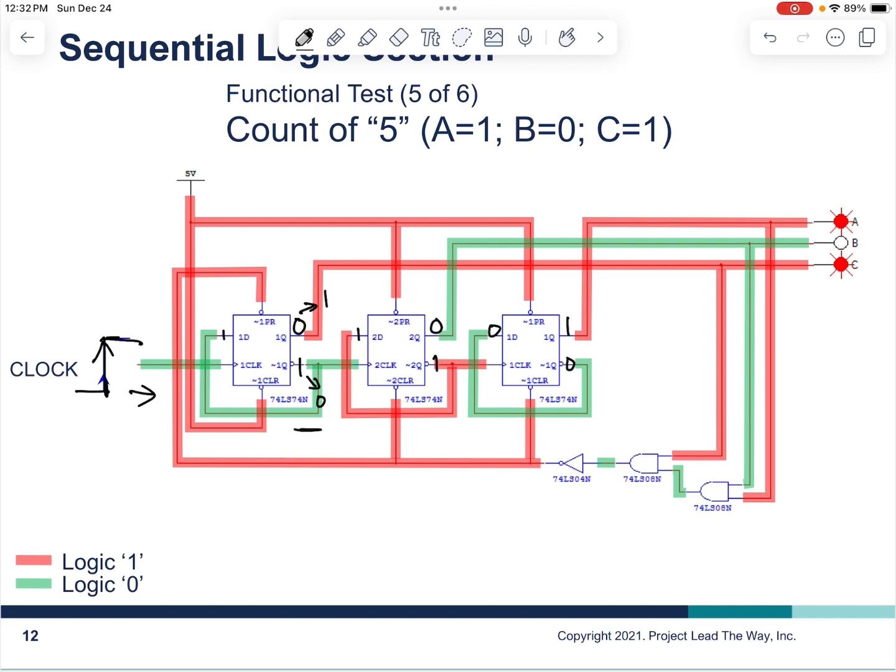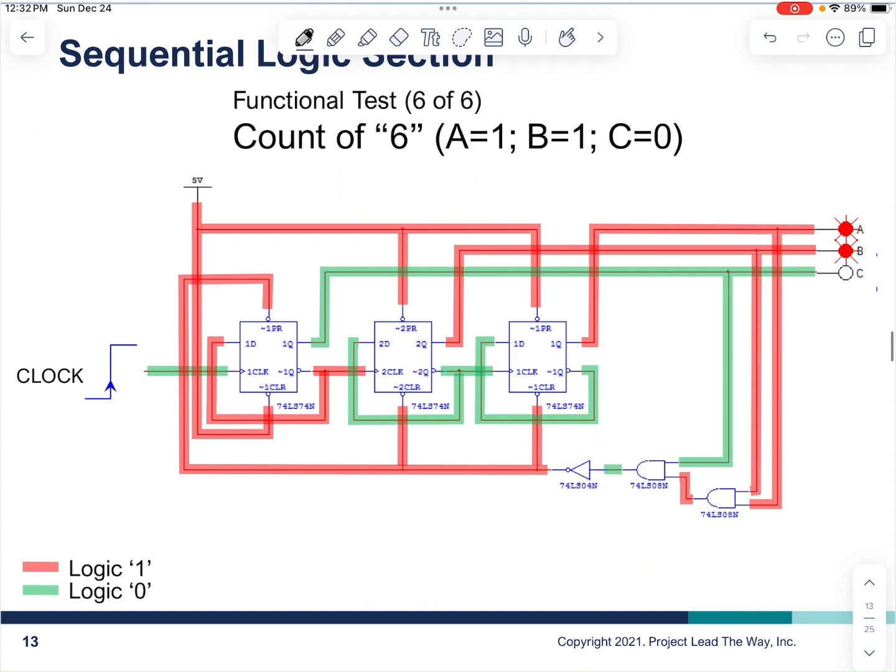And because 1 to 0 is not a rising edge, I don't have a clock for the B, and the B is not changing, therefore I don't have a clock for the A. So the new output will be 1, 0, 1.